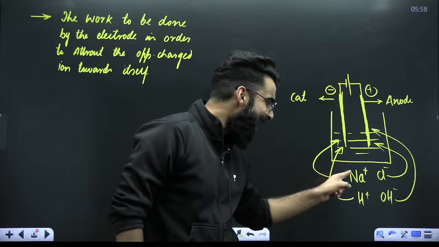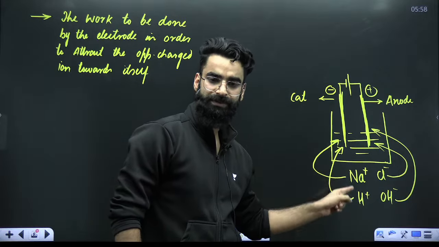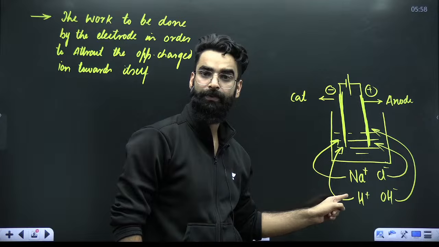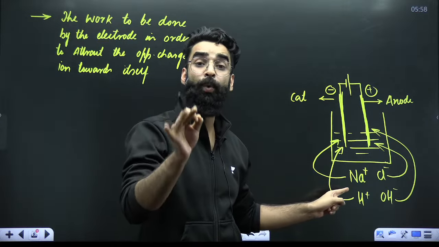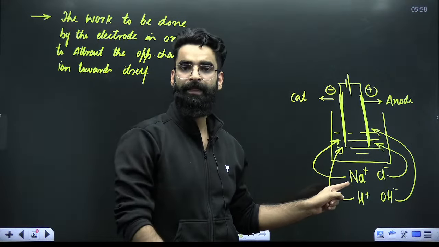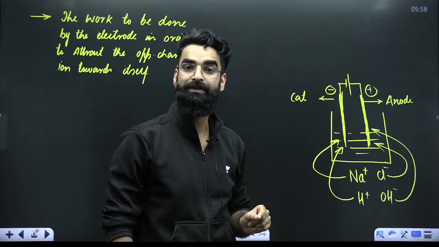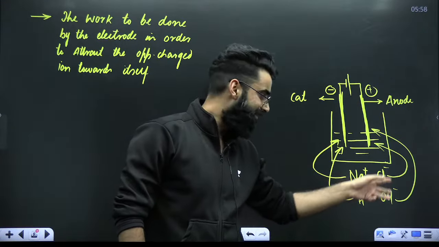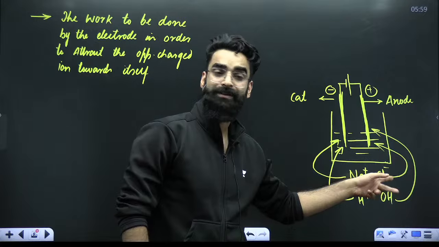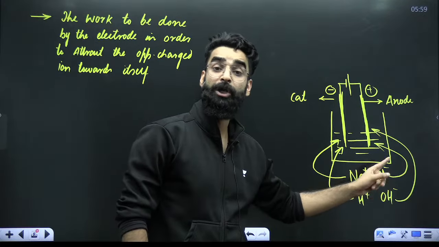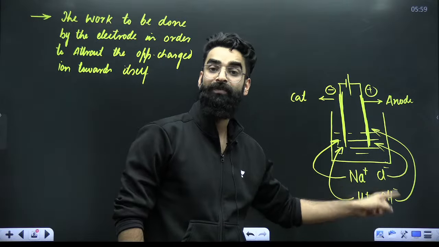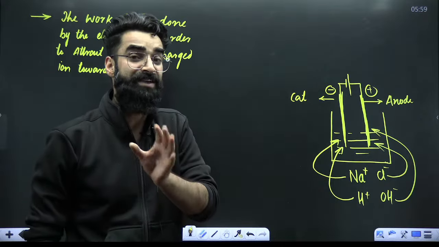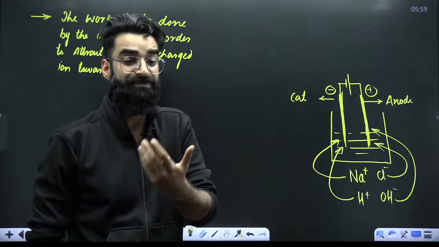Let me tell you that the cation among the two which has got lower discharge potential will undergo reduction. The anion among the two which has got lower discharge potential will undergo oxidation at the anode.